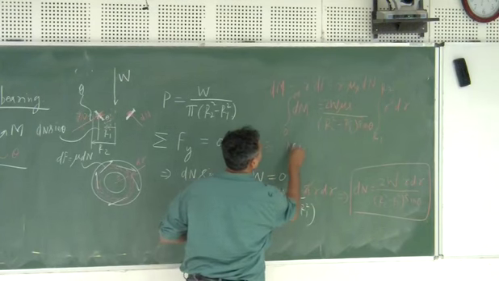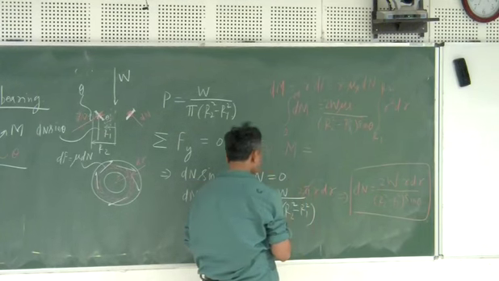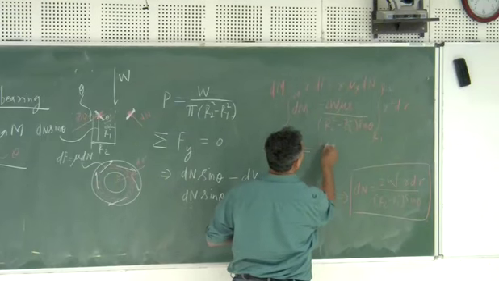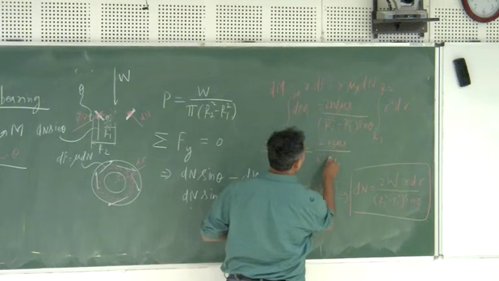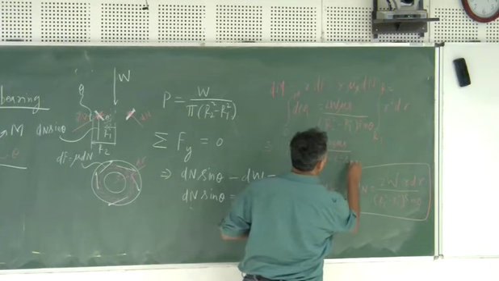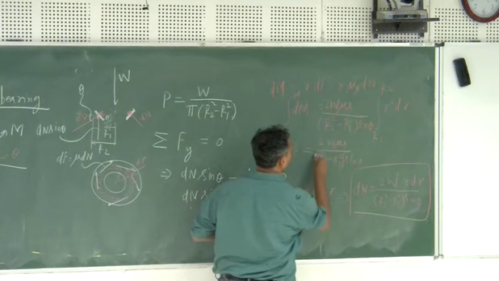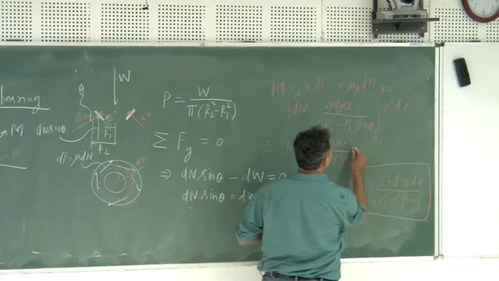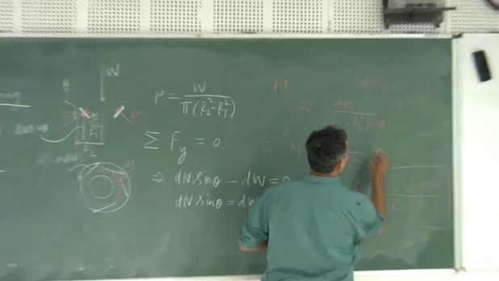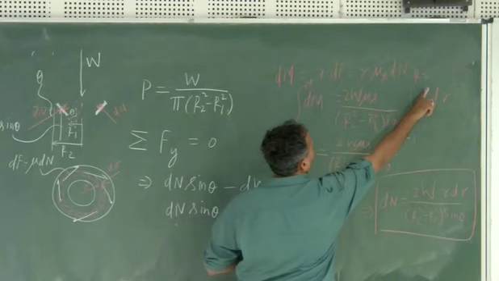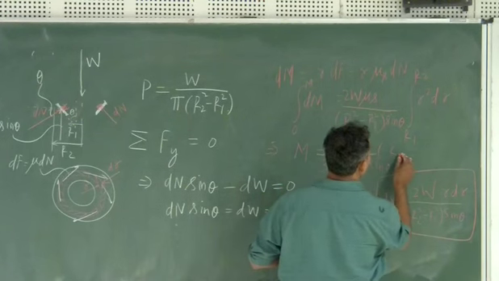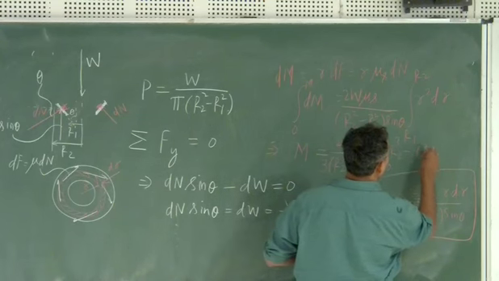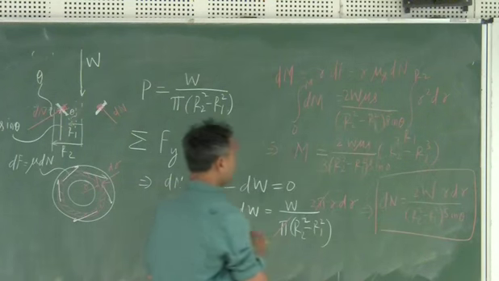Getting total M is equal to W mu s divided by r2 square minus r1 square sine theta, and this will be, so there will be r cube by 3. So here you will have 3 also. So here r2 cube minus r1 cube. This is what it is.